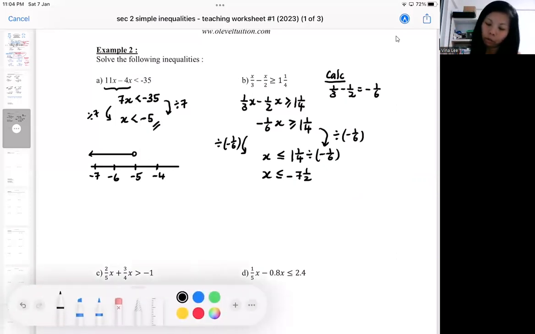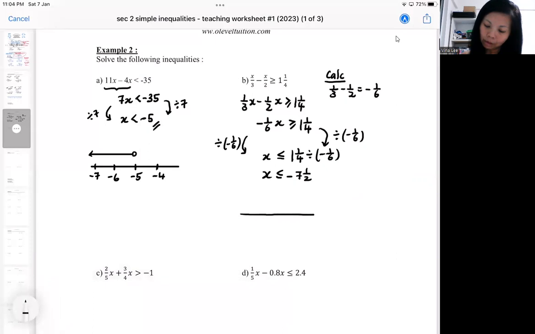So how am I going to draw the number line? -7.5. So I'll be drawing -6, -7, -8, -9.